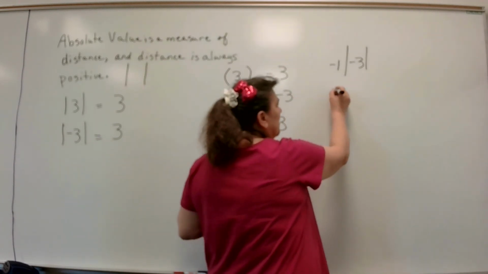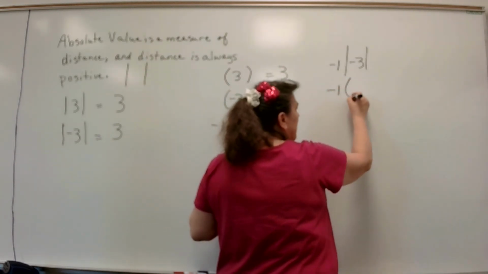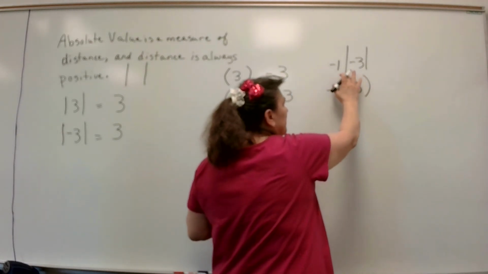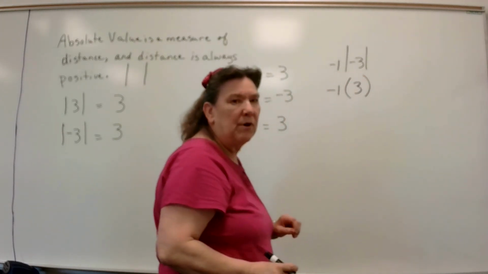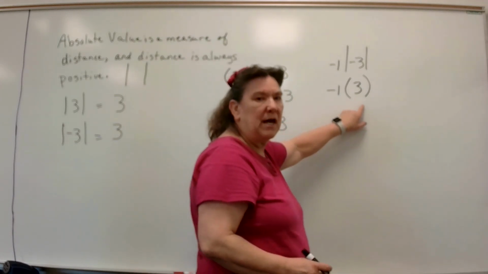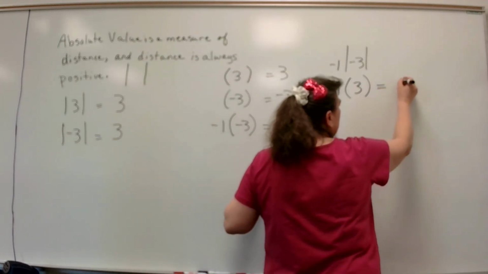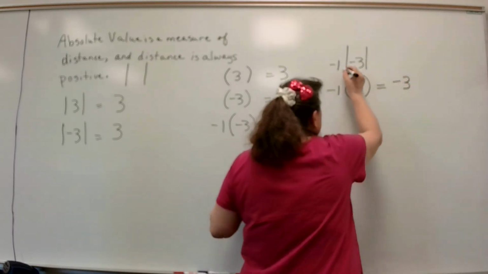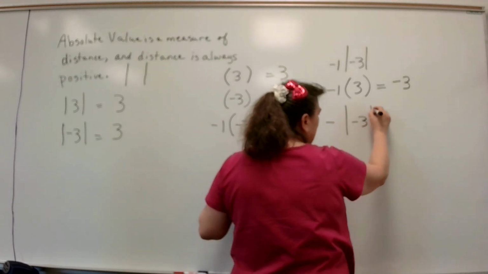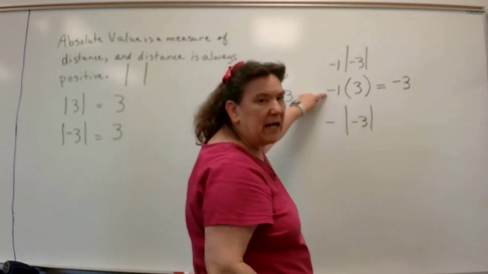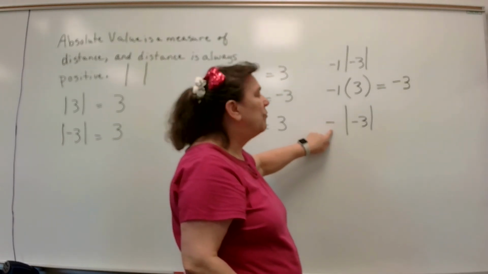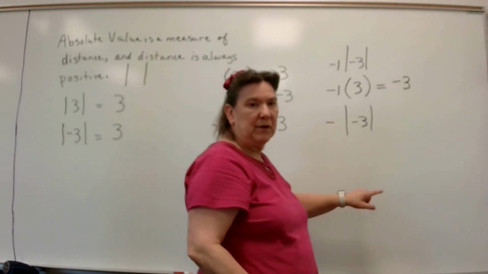So this becomes negative 1 times a positive 3, because that negative 3 inside the absolute value mark is a positive 3. And now negative 1 times that 3 is equal to a negative 3. This could also have been written as a negative of an absolute value of a negative 3, and it would be exactly the same thing, because that negative would be like saying negative 1 times a negative 3.